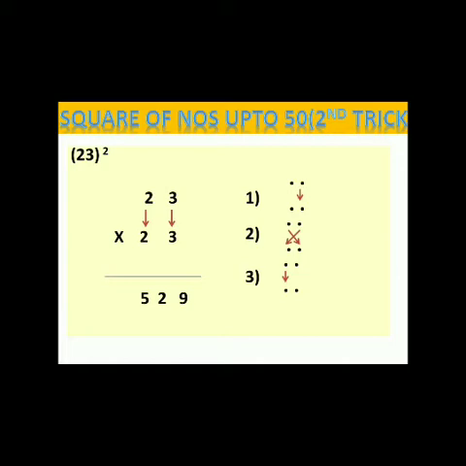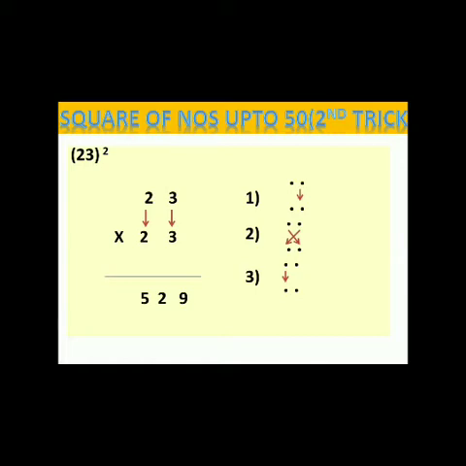Yes, first I have to multiply the units place number with the units number. So 3 into 3 is 9. Then I have to cross multiply the numbers in the tens and the units place, and then add them up. So see children, cross multiplication: 2 threes are 6, 2 threes are 6, 6 and 6 I add up, it gives me 12.